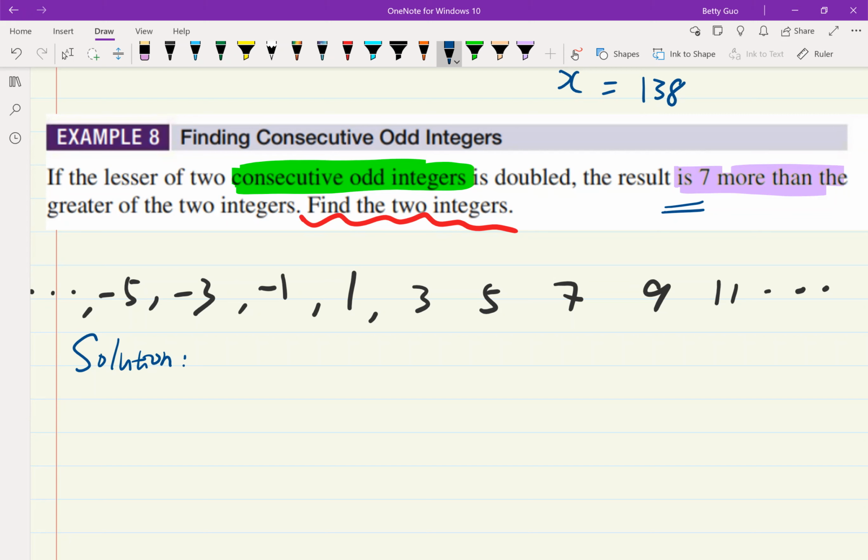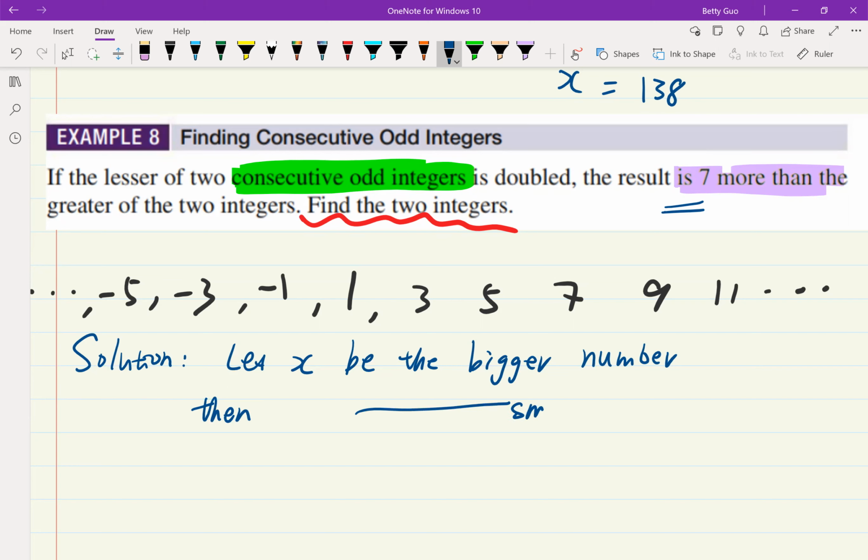Okay, so let's say X, let X be the bigger number among the two consecutive odd integers. Then the smaller number would be what? If X is the bigger number, then the smaller number should be what in terms of X?